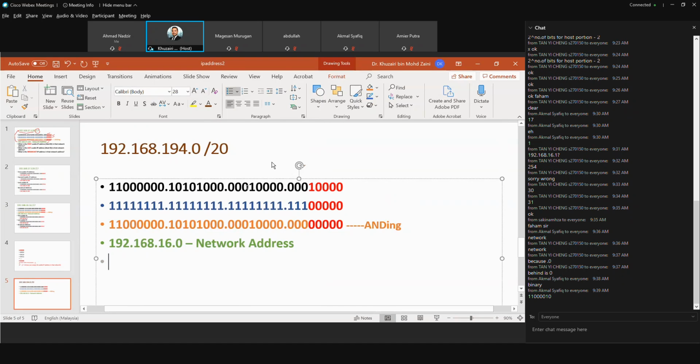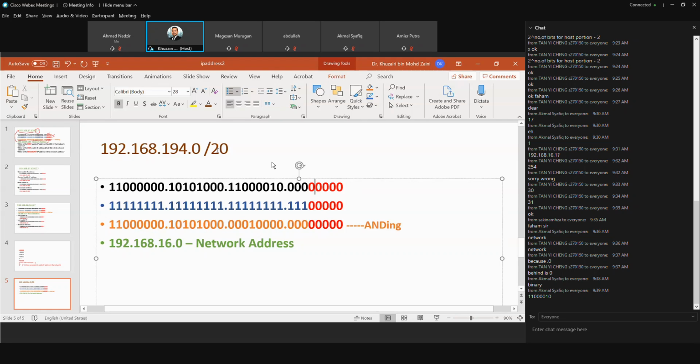And this one? It becomes 0010. This one all 0.